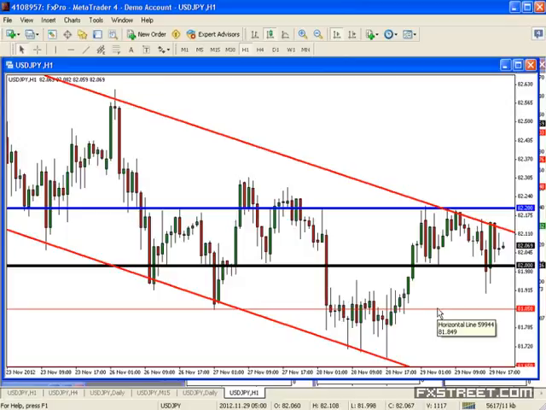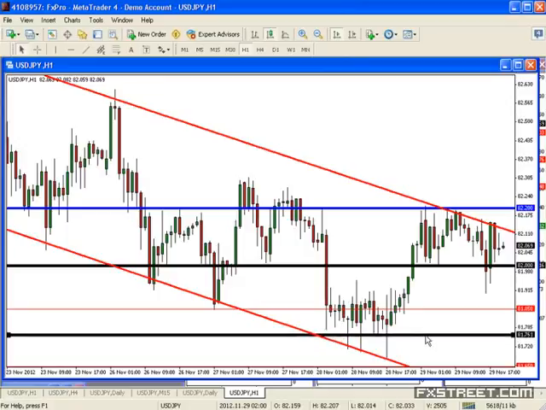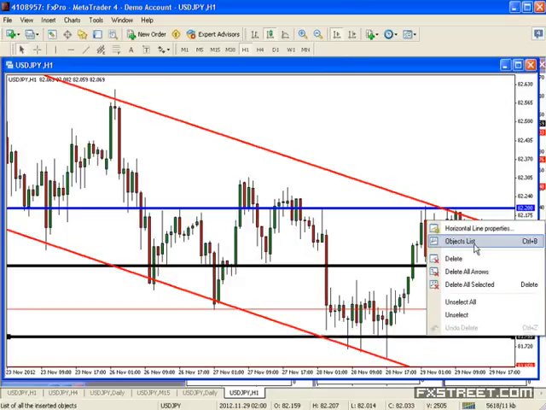Let me put another line at 81.75. I want to make this a green line.